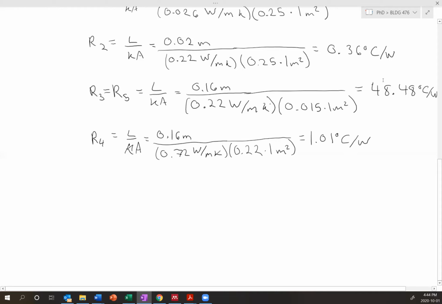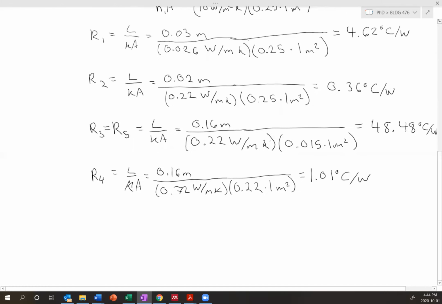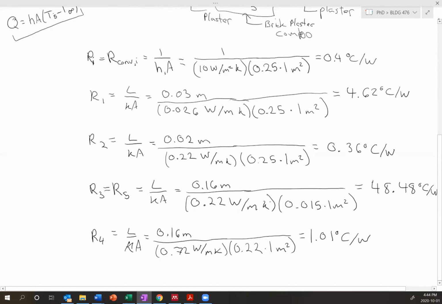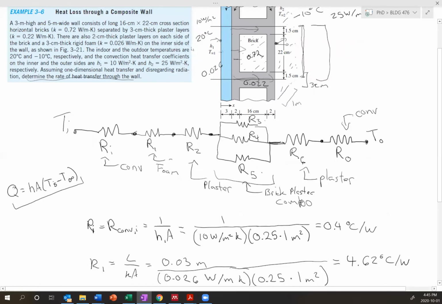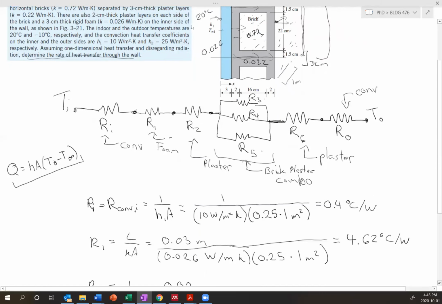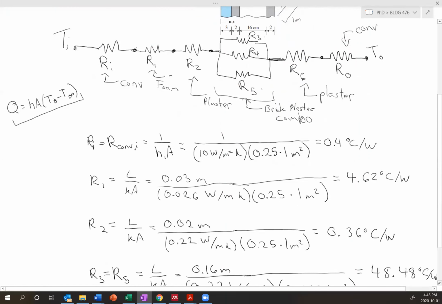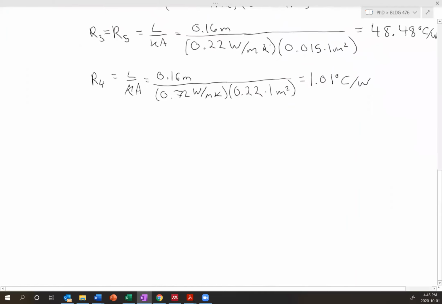If you look at the properties of the brick versus the plaster, the brick is going to allow a little bit more heat transfer than the plaster, but not to this same magnitude. So part of it is just that if you look at the actual geometry of the problem, there's less plaster than there is brick, so there's naturally going to be less heat transfer passing through there. And so its size is also related to its thermal resistance. All right, and now we're on the last one, our outside.